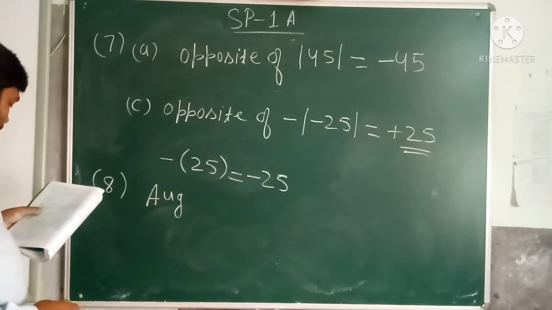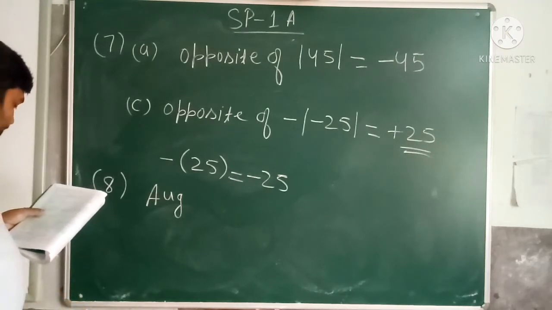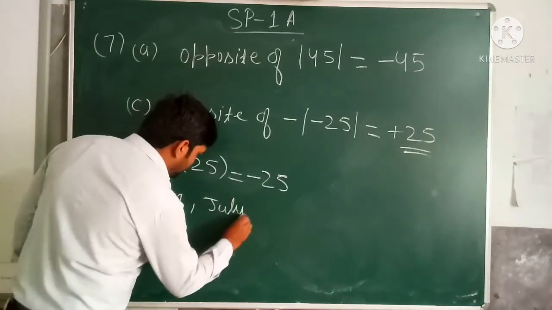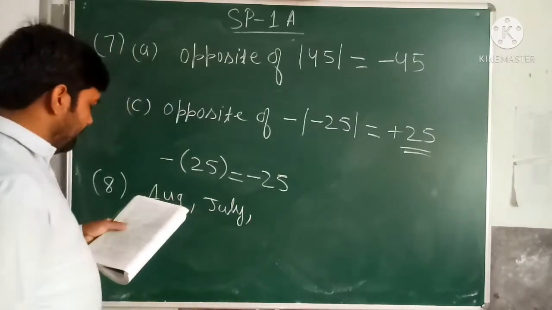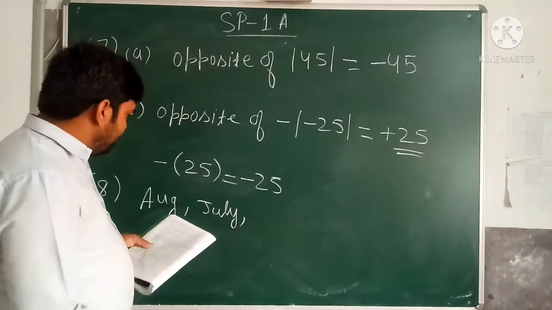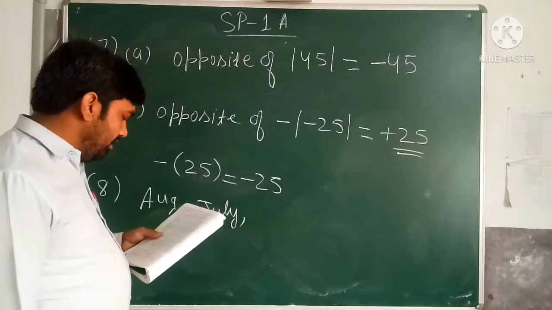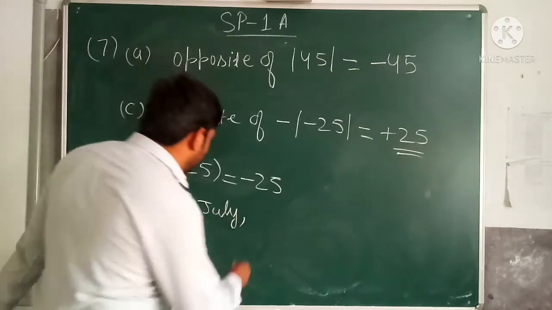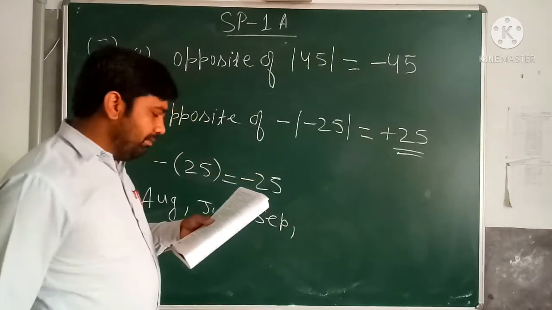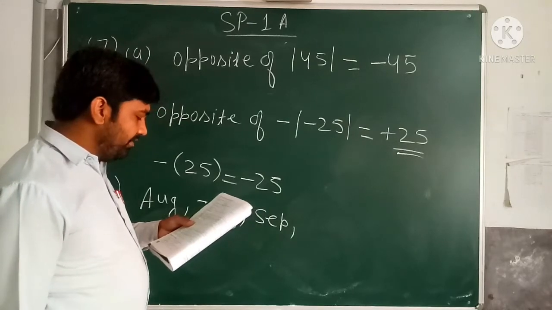After that, minus 88 is there, that is July. After August, July is there. After that, September minus 87, and after September the temperature is minus 86 of May.